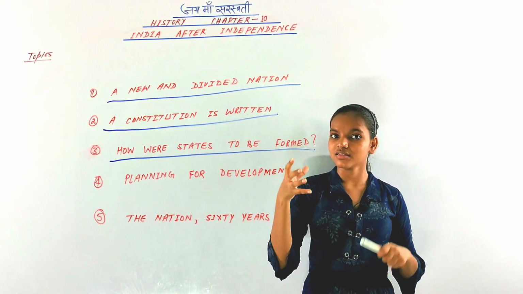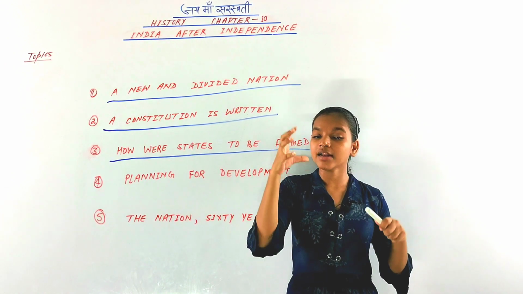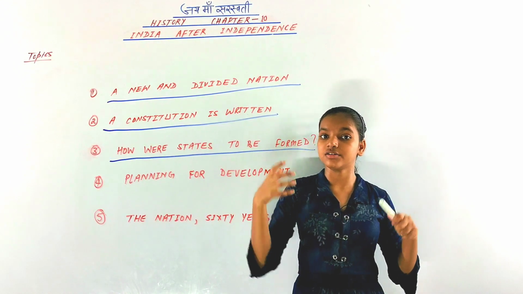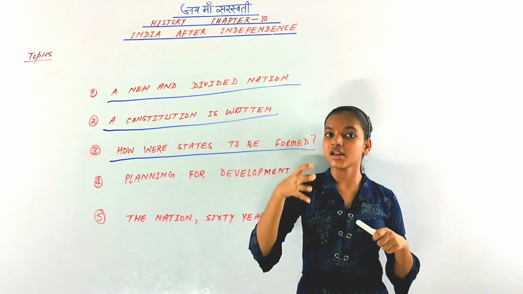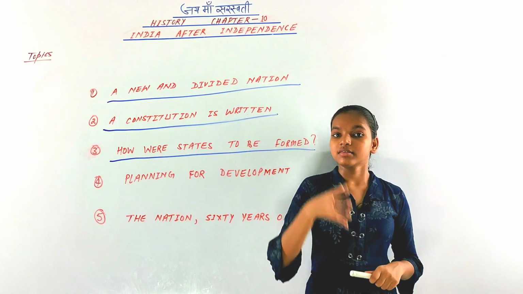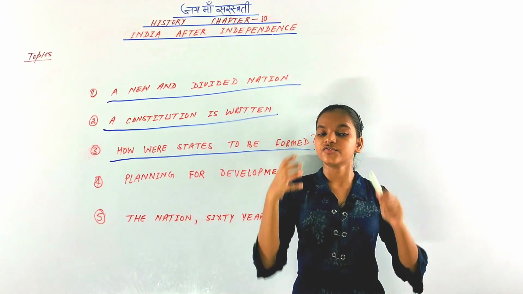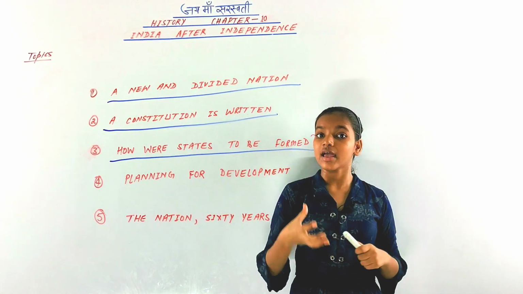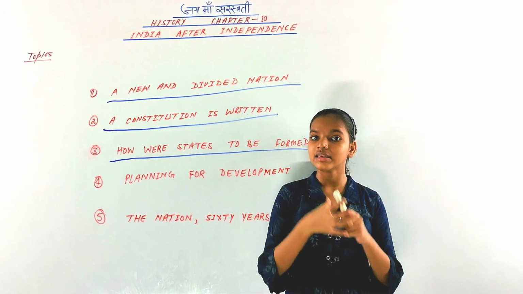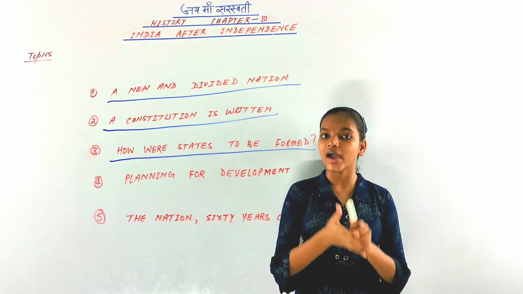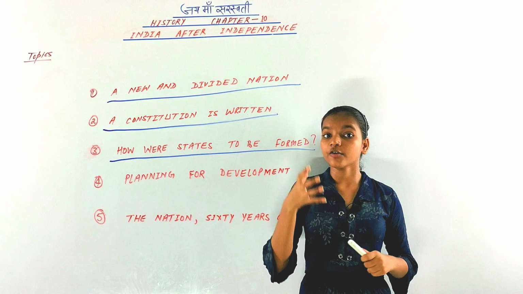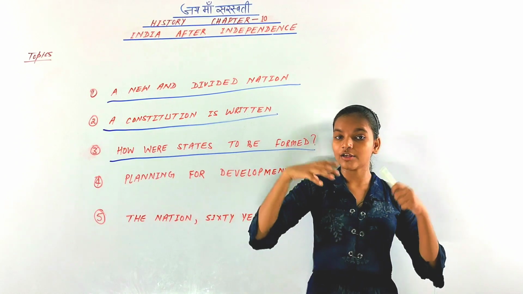That was a major protest, and from that region a leader came, Potti Sriramulu, who sat on a hunger strike for 58 days, and after 58 days he died. That made people very angry, and they started riots.